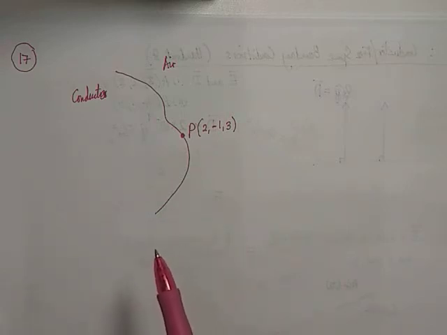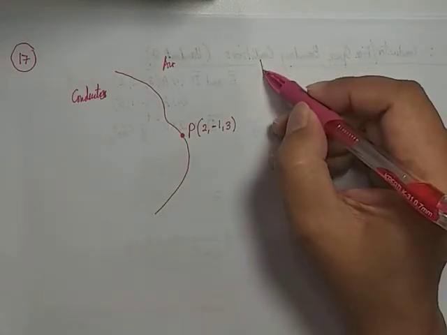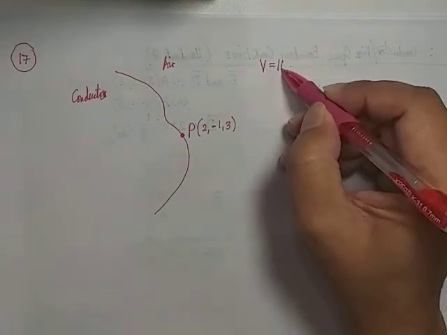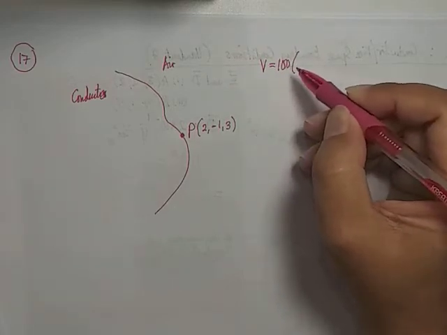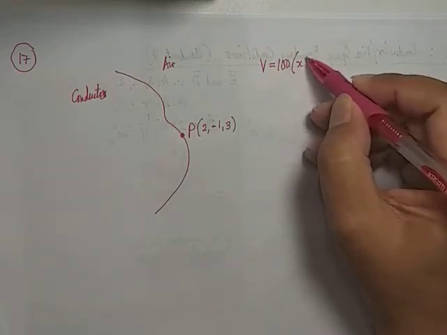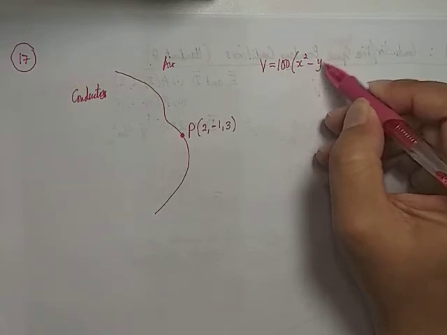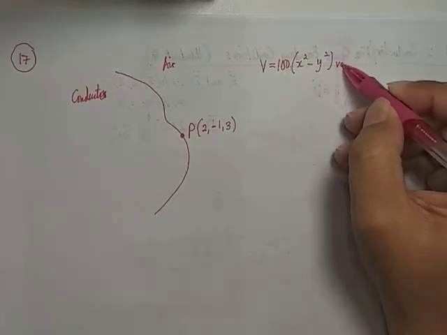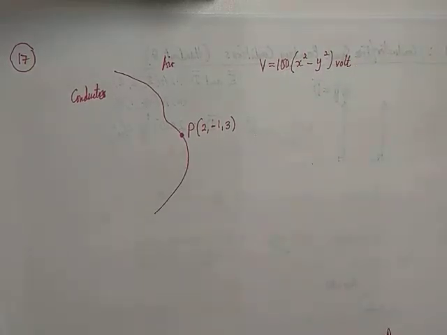Given the potential V equal to 100 (x squared minus y squared), and the unit here is volt. That should be the information given.